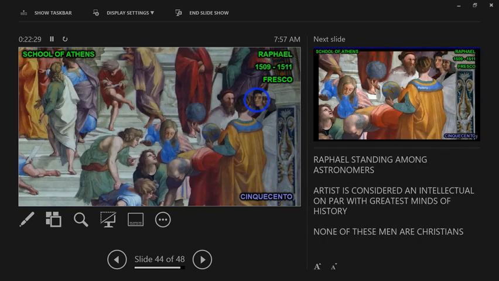And then in the lower right, Raphael has painted himself amongst the astronomers. And this shows that artists are seeing themselves now as kind of like rock stars of the day, whereas before they were only seen as workers.